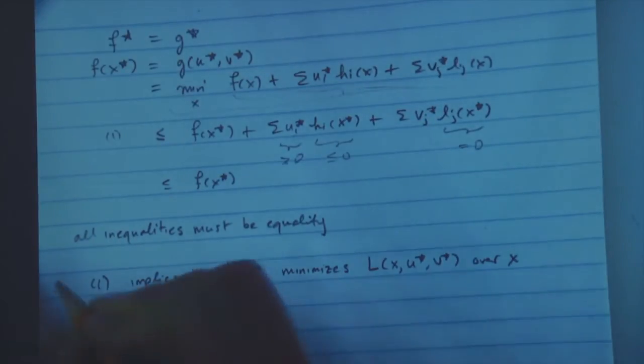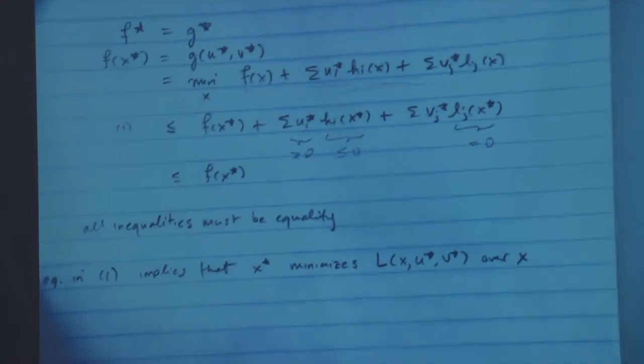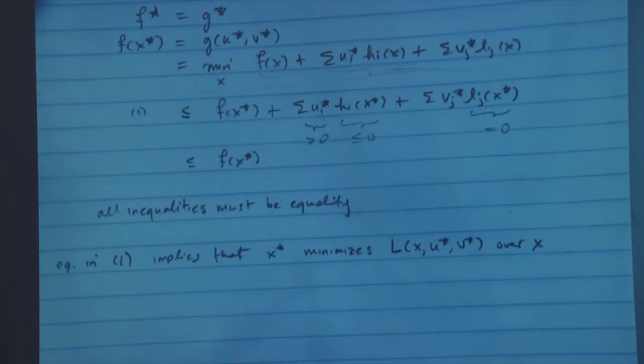Just so you're not confused, equality in 1, which we know must hold, implies that x star minimizes the Lagrangian over all x. It's another way of writing that.